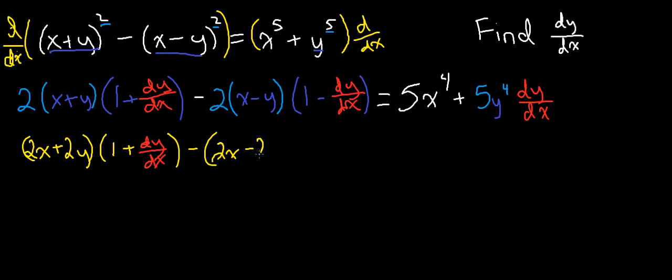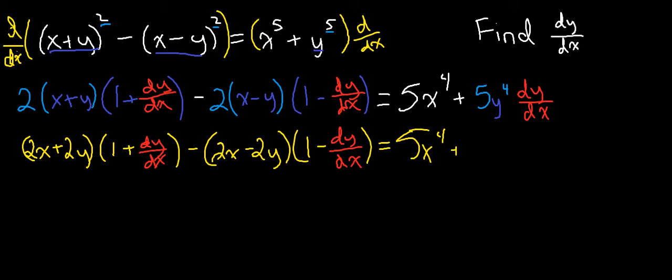I'm going to get a 2x minus 2y times the 1 minus dy dx. And now on the right side, I don't think there's much simplification we really need to do. It's simply just 5x to the 4th plus 5y to the 4th, again, dy dx.